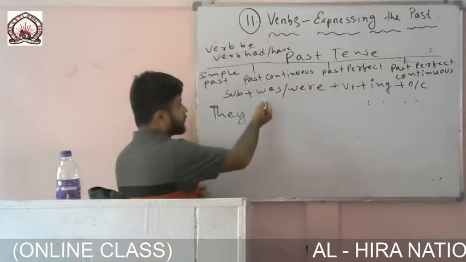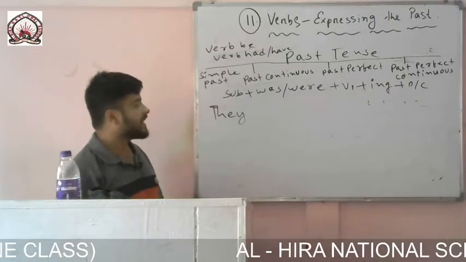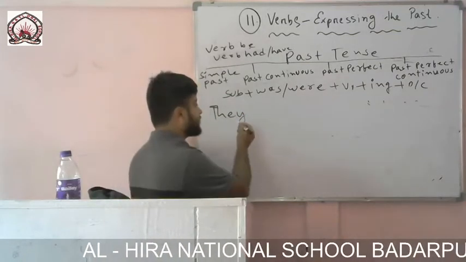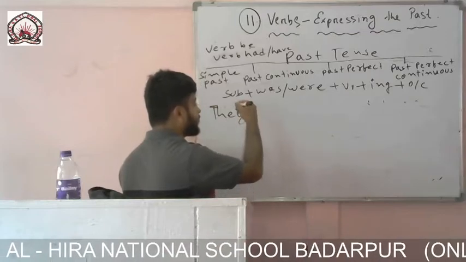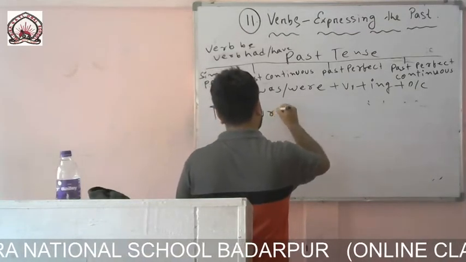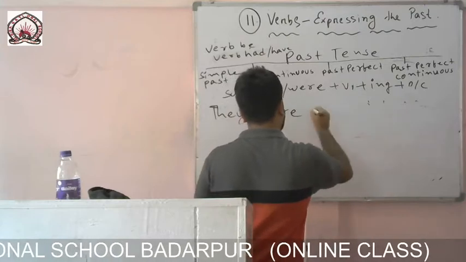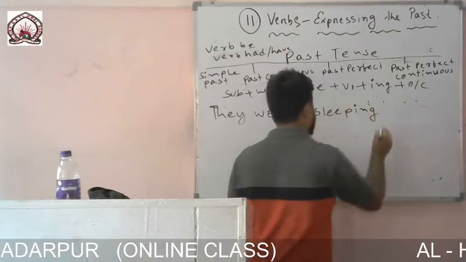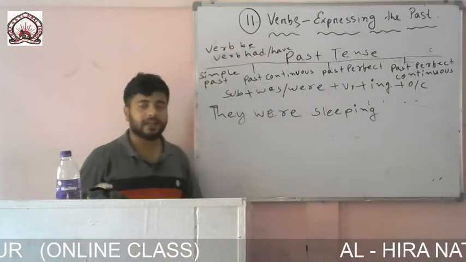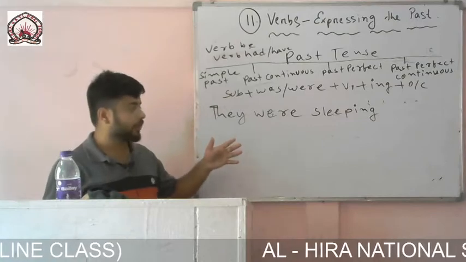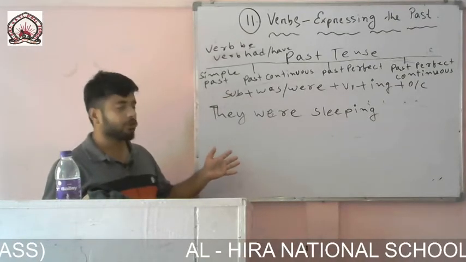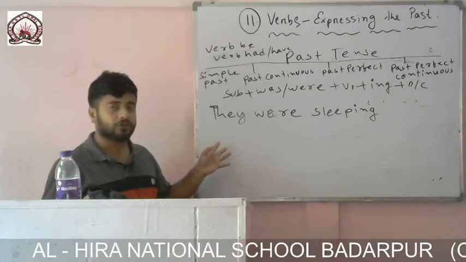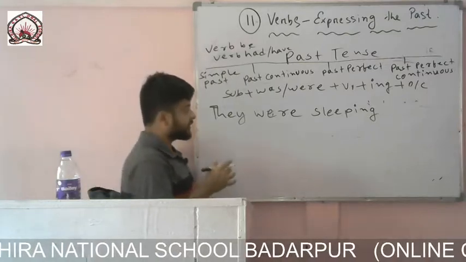As I said earlier, with a singular subject we have to use was. If the subject is not singular, as with they, we use were. They were sleeping. Remember that were or was is used in the past continuous to form the tense. They were sleeping.